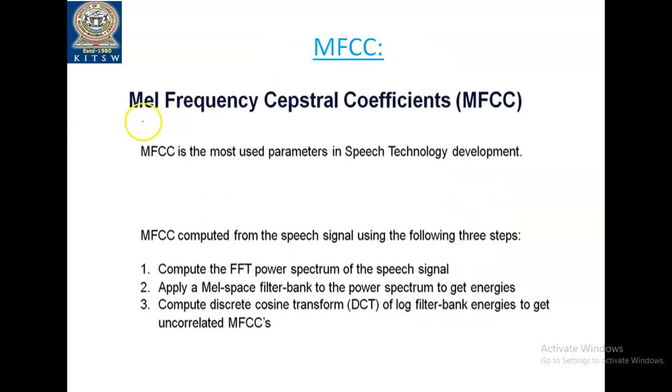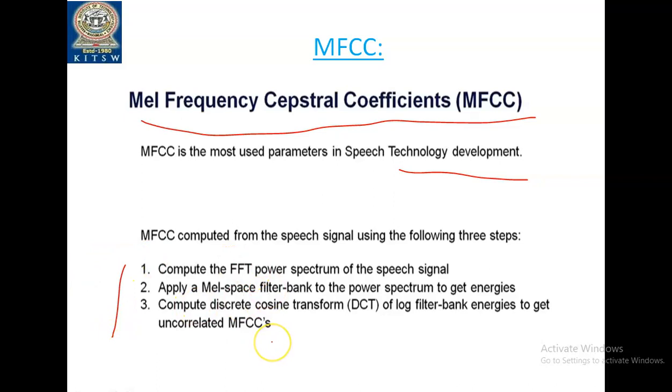Alright, so Mel frequency cepstral coefficients. I already told you MFCC is the most used parameter in speech technology development. MFCC is computed from the speech signal using the following three steps. First, compute the FFT power spectrum of the speech signal. Apply a Mel-spaced filter bank to the power spectrum to get the energies, and compute the discrete cosine transform of the logarithmic filter bank energies to get the uncorrelated MFCs.